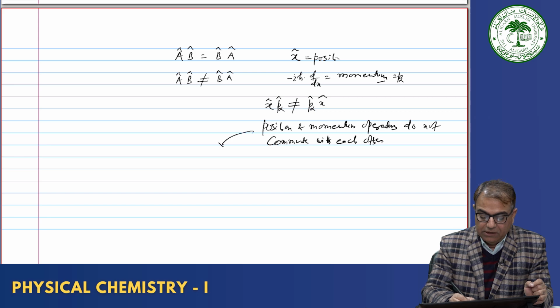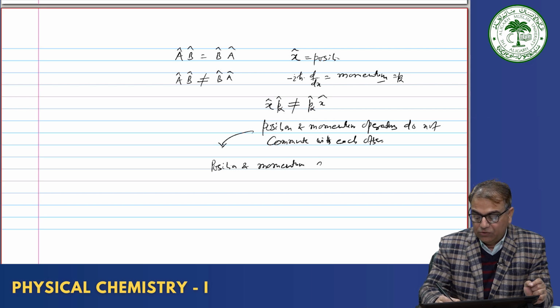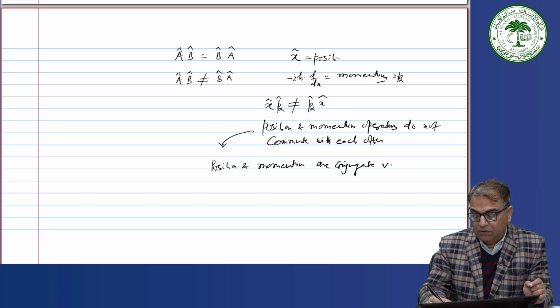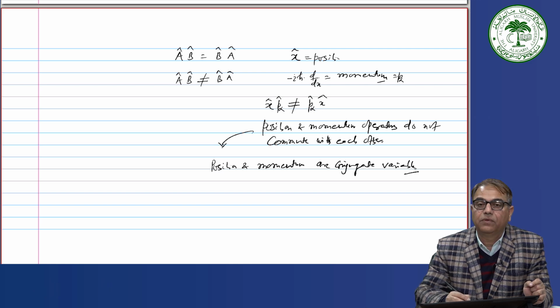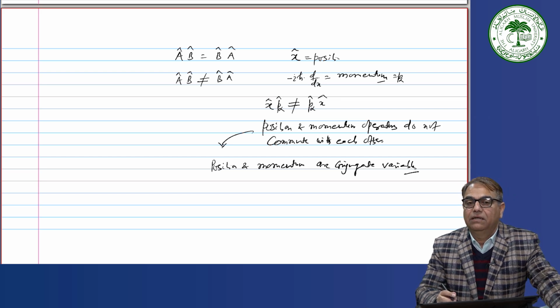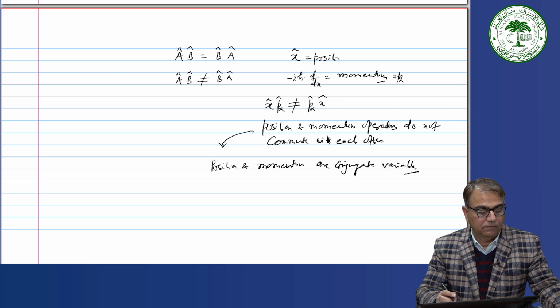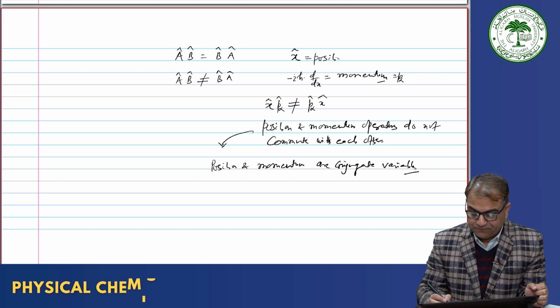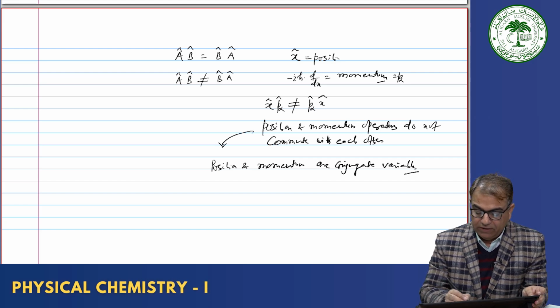So we say that position and momentum are conjugate variables, and such conjugate variables cannot be determined precisely and simultaneously.